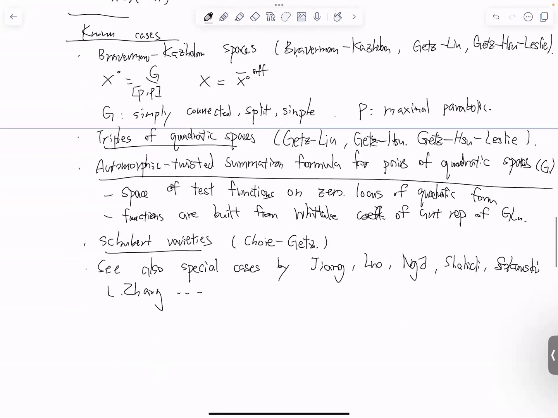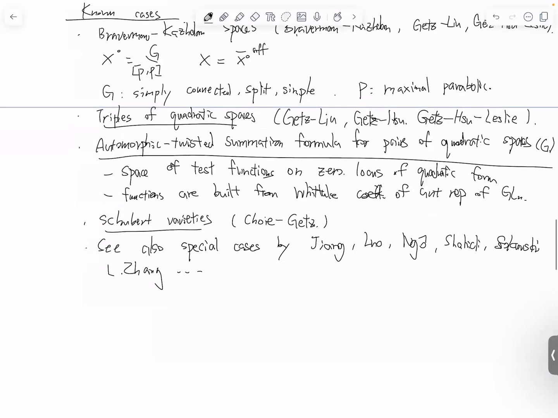So there are just a few known cases. There are still not many, but people hope to use these few known cases to generalize to more examples to have a general picture.